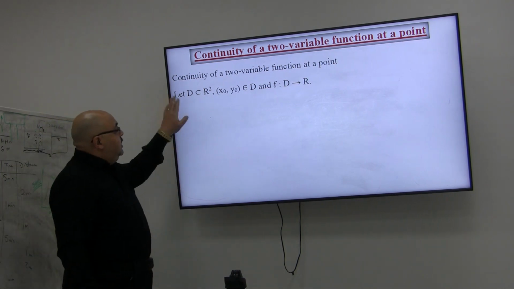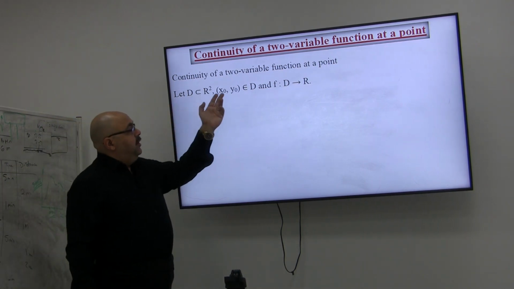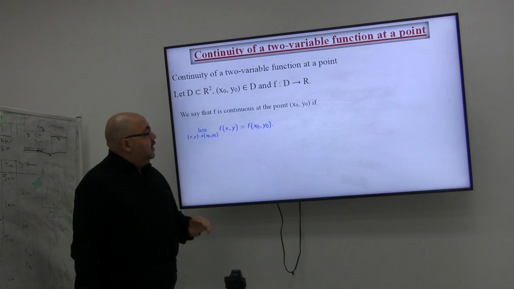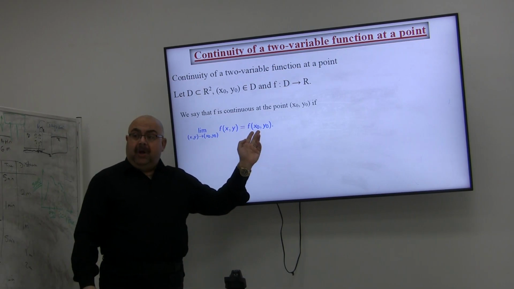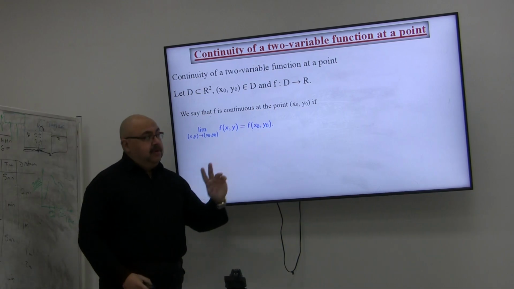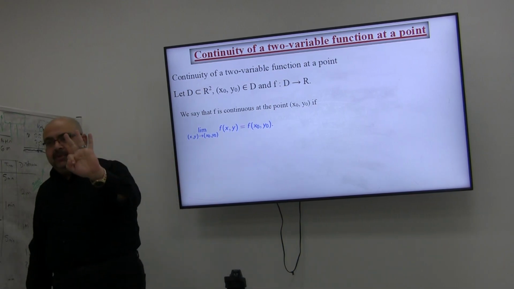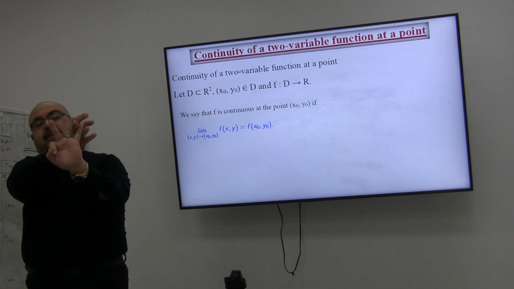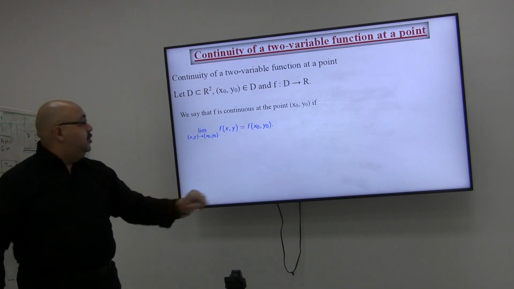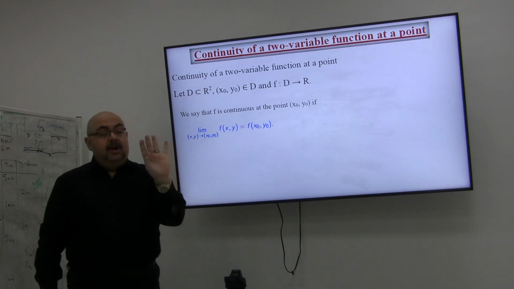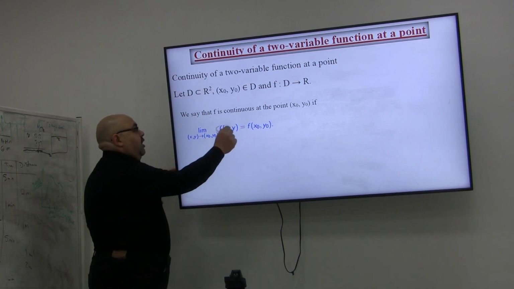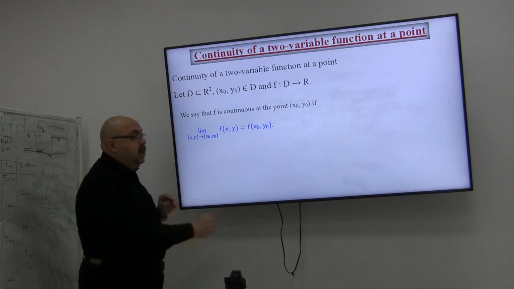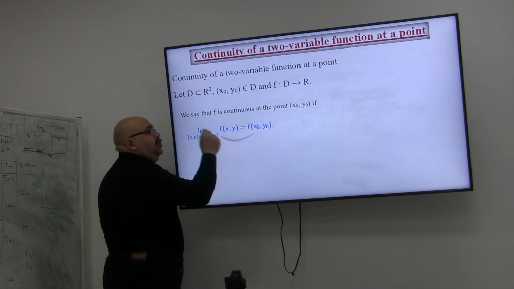So if I have D belongs to R squared, (x0, y0), and the limit of f(x,y) should equal the function value. If you remember, I had three conditions. What were they? The value of the function exists, which is f(x0, y0). Number two, the limit exists, which means the limit of f(x,y). The third condition, they are both equal to each other.